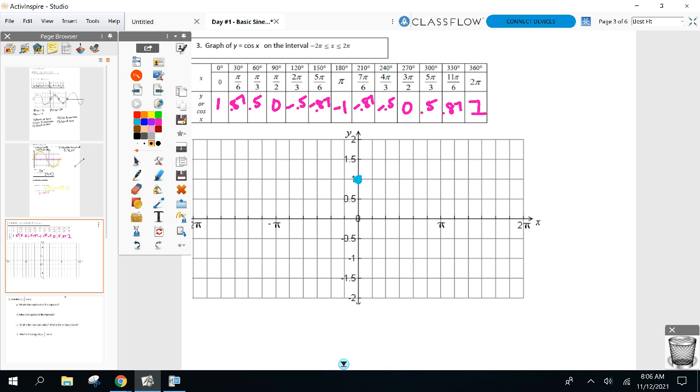And then here we go, 0.87, 0.5, back to, stay right at 0, negative 0.5, 0.87, negative 1 at pi. And then here we go, going back up.